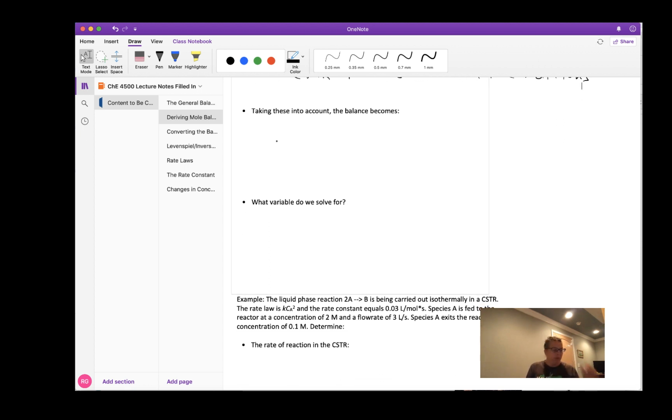So taking these into account, let's write the general balance equation. In fact, let's skip the general balance equation and just write the balance. So we said that this is a steady state reactor, so let's not even worry about the accumulation term. We're just going to call that equal to 0. And we'll write this for species A, but we could write it for any other species. In minus out.